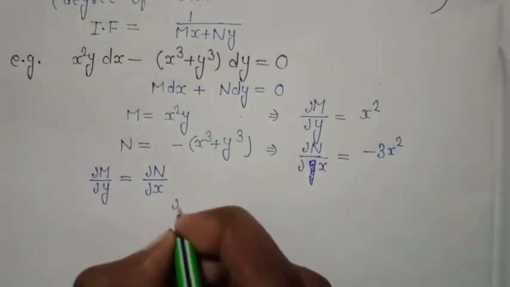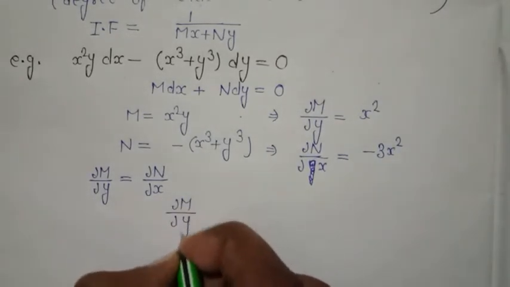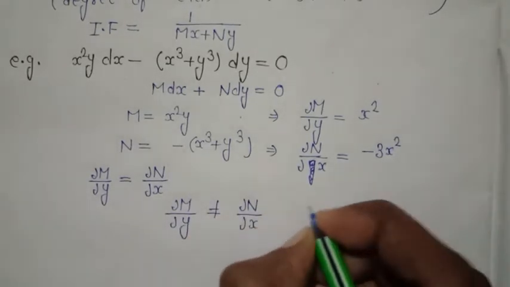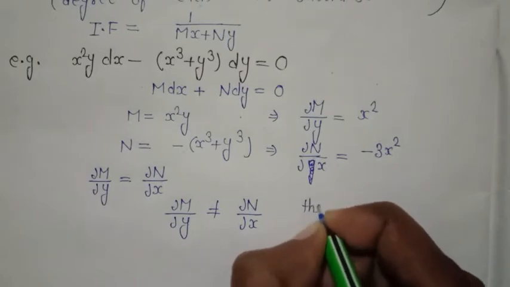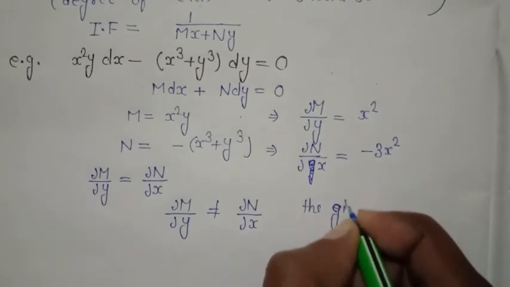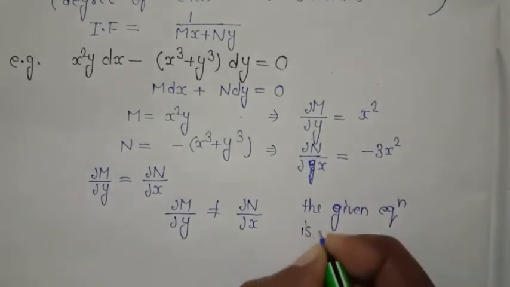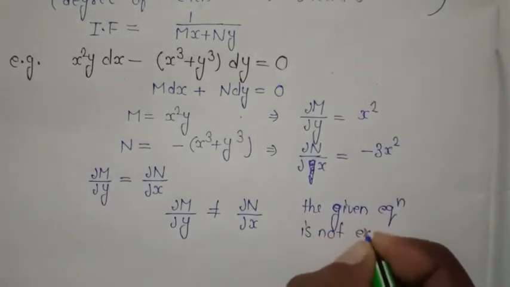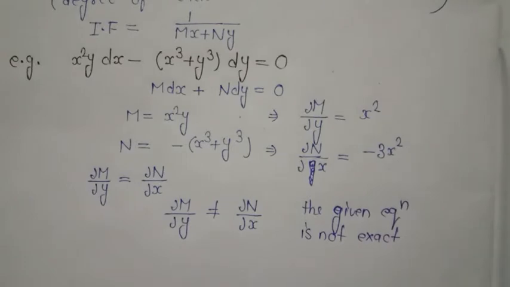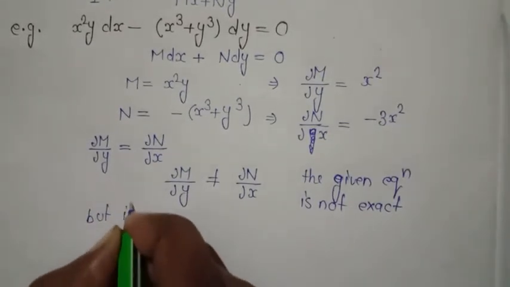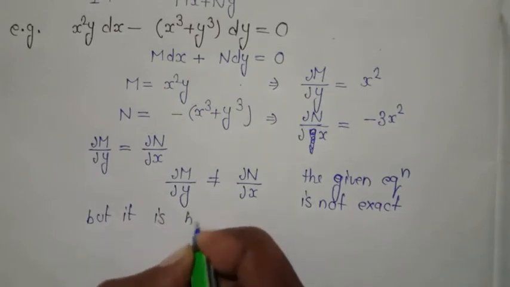That is, partial M upon partial y is not equal to partial N upon partial x. So the given equation is not exact, but it is homogeneous.